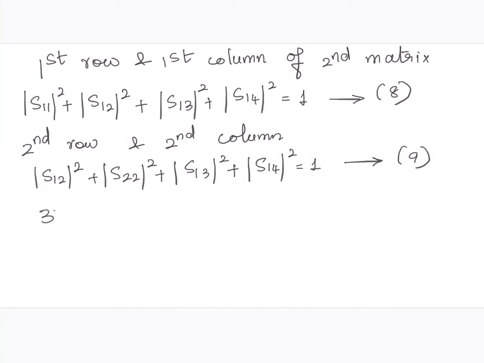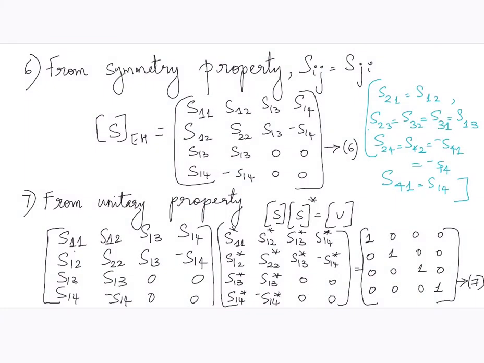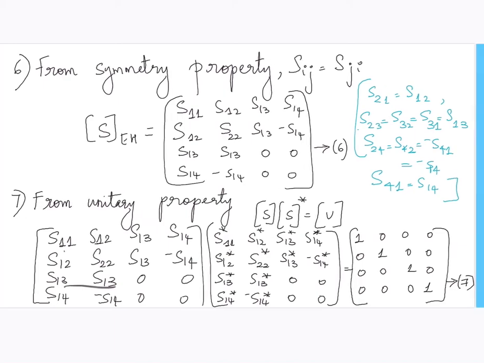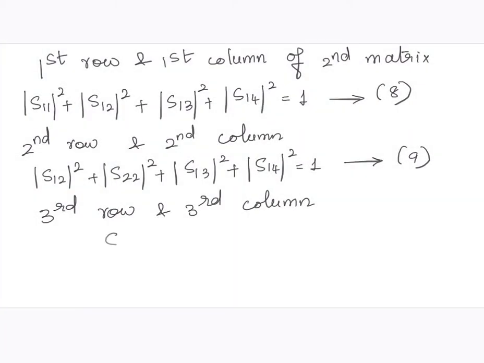Similarly, considering the third row and third column, directly this can be written as S13 square plus S13 square is equal to 1.